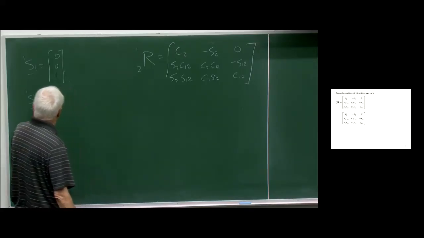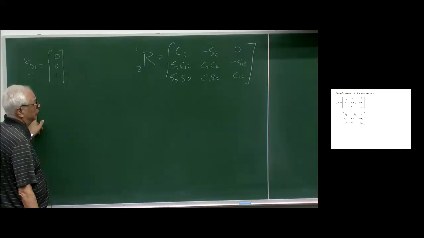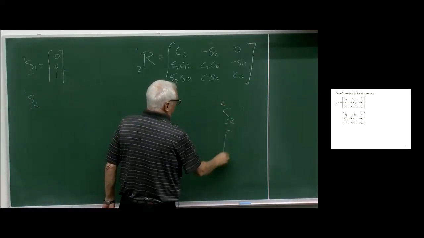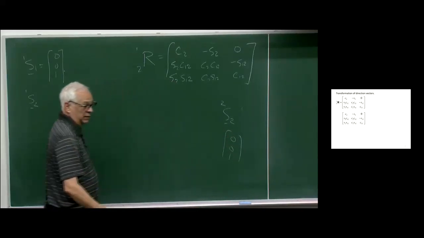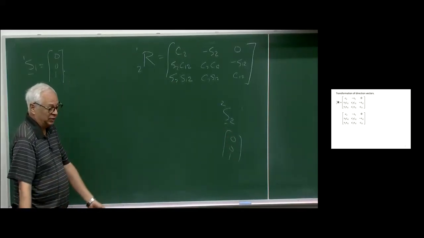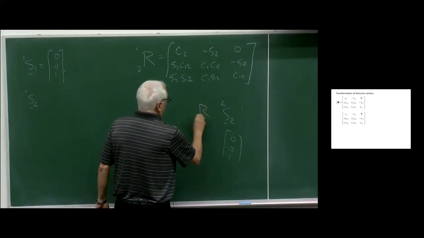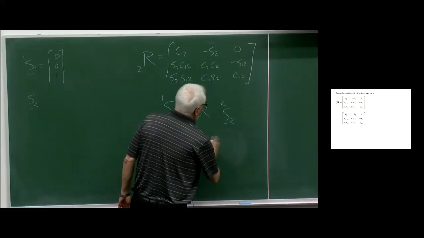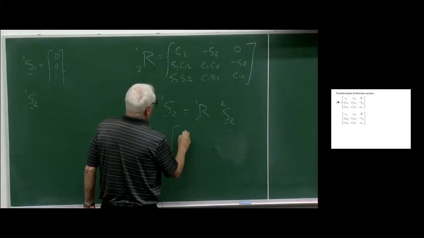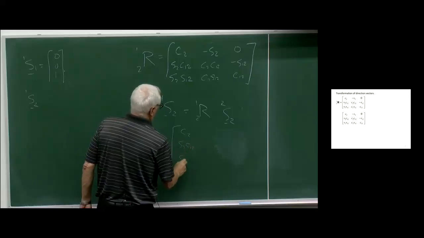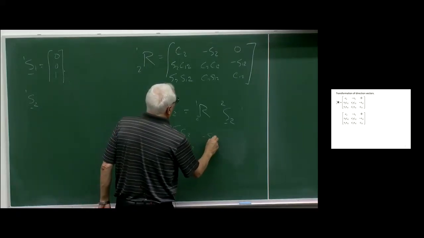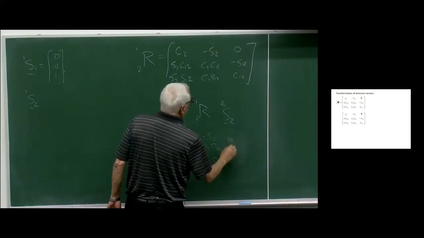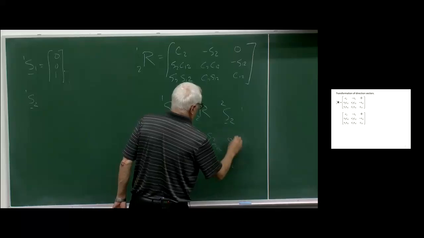So if I want to obtain S2 in the first, well, I know S2 in the second is 0, 0, 1. And I know that to transform a direction vector, we talked about that in the earlier chapter, I pre-multiply it. So I'm going to rewrite it down here. Minus S12, C12.